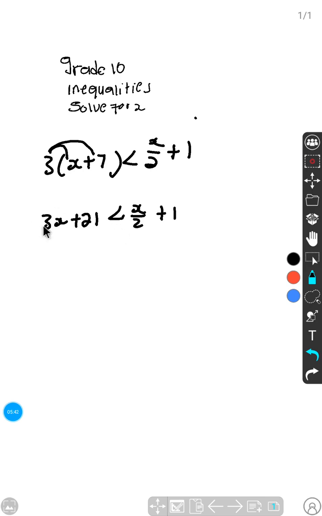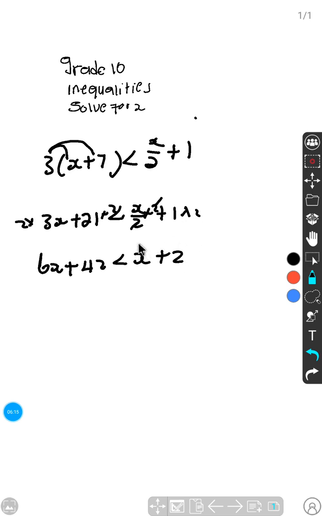Okay, then we want to multiply each term by 2. You multiply by 2, you multiply by 2. We're trying to remove the denominator 2 there. So 2 times 3x is 6x. 2 times 21 is going to be 42. Okay, less than, this one is going to cancel this one, then we are left with x. 2 times 1 here, which is going to be 2.